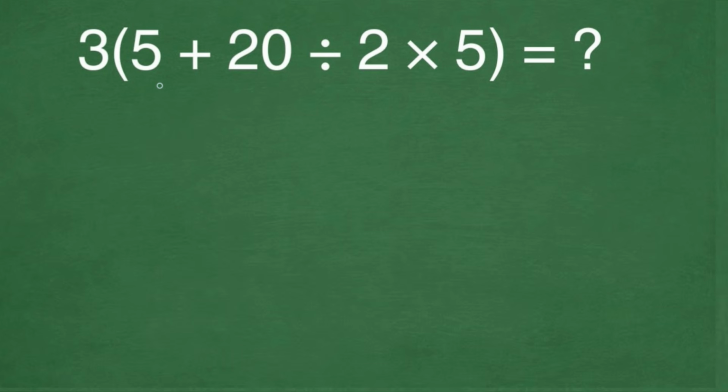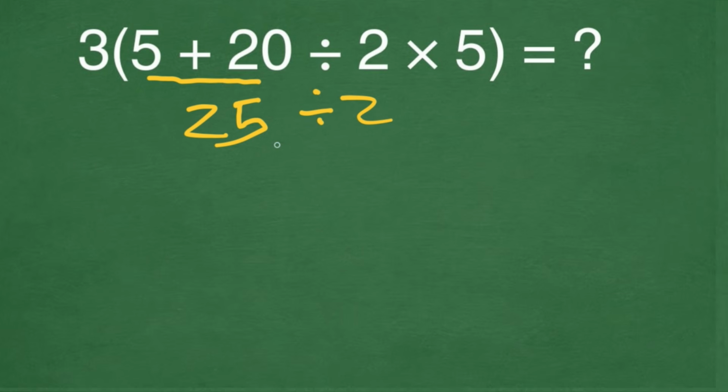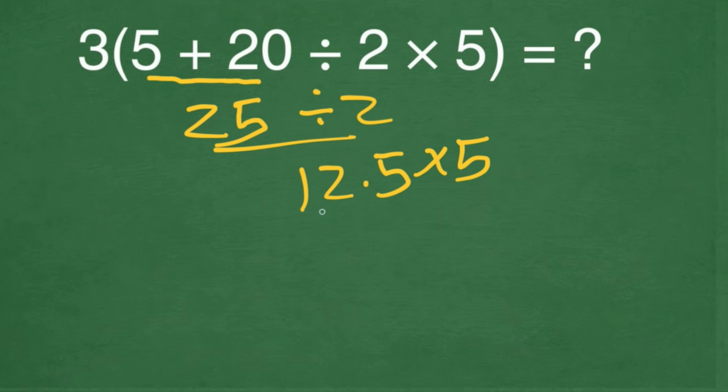They know that the parentheses is the first thing to solve, and they go straight inside the parentheses, and they add 5 and 20. So 5 plus 20 is 25, and 25 divided by 2 is going to be the next equation, and 25 divided by 2 is 12.5, and 12.5 times 5 is going to be 62.5.